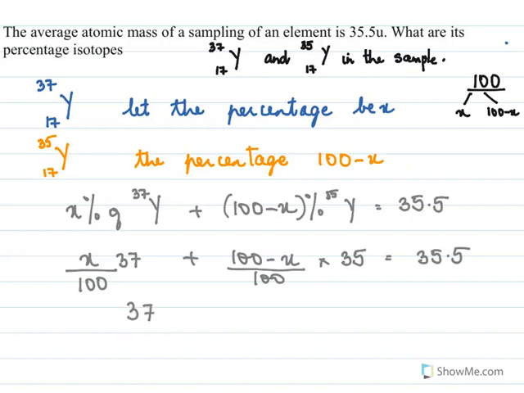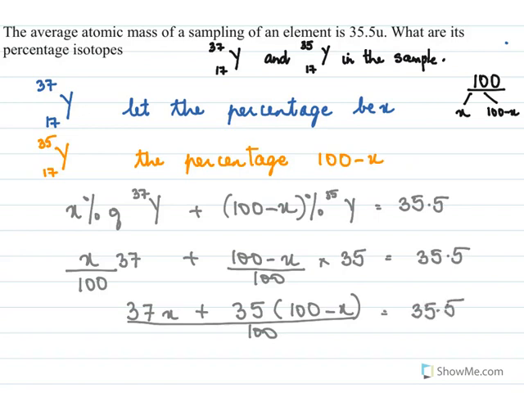We take the LCM, so 37X plus 35 into 100 minus X over 100 equals 35.5.